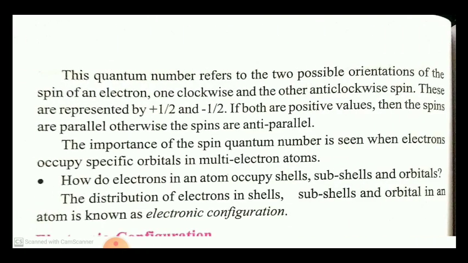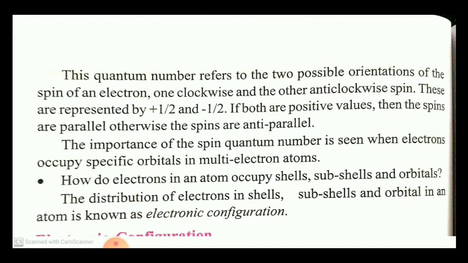This quantum number refers to the two possible orientations of the spin of an electron. The electron has two spin orientations: one is clockwise and the other is anti-clockwise. Clockwise orientation is represented with plus half and anti-clockwise with minus half.